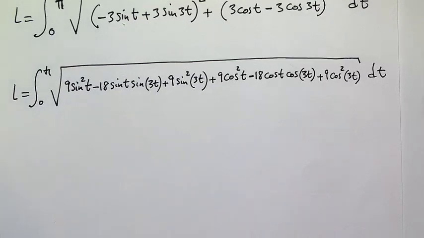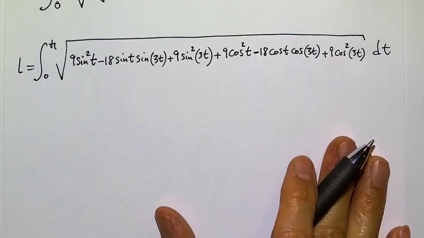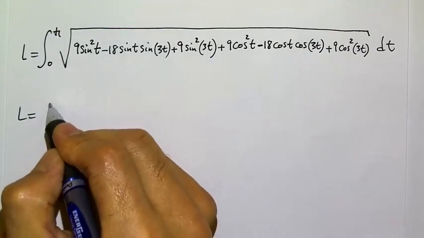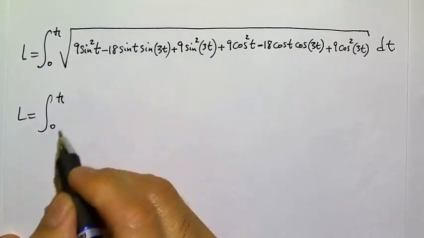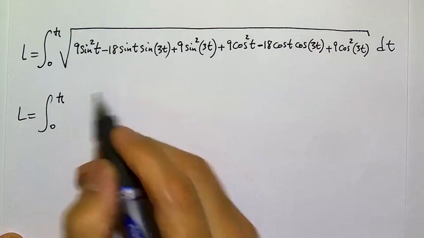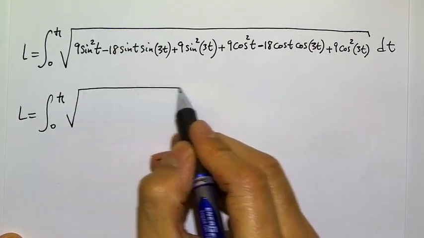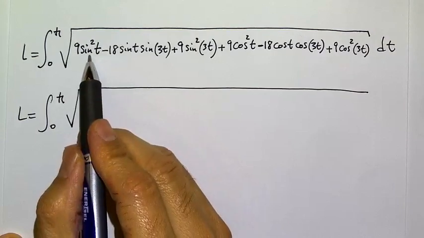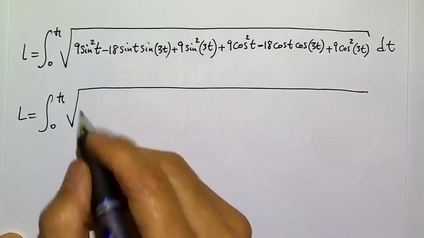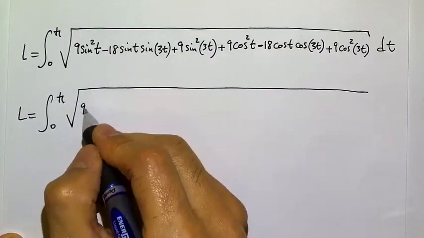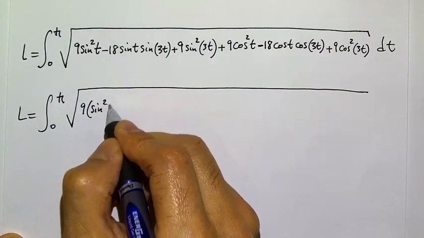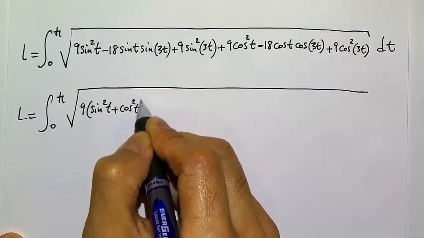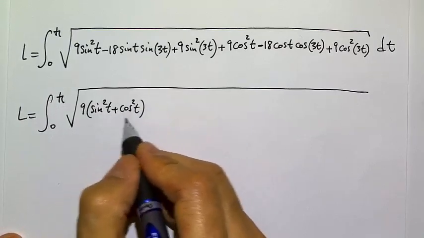So we have the length, the integral from 0 to pi, and then these two, I'm factoring them out. 9 times sine squared t plus cosine squared t, and that, you know, adds up to 1, right?